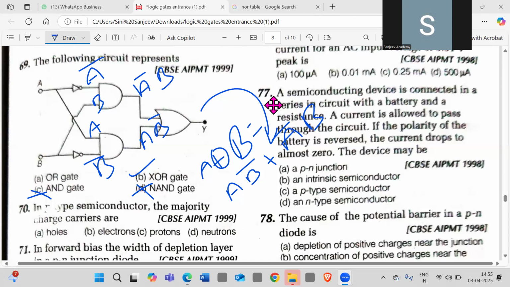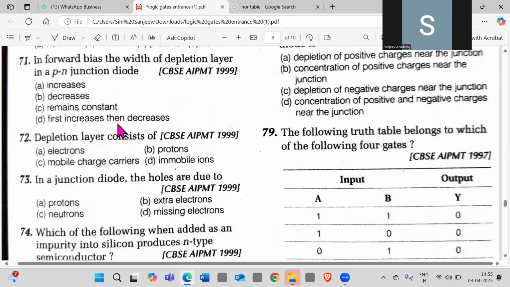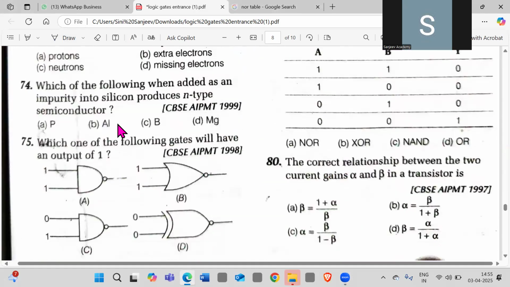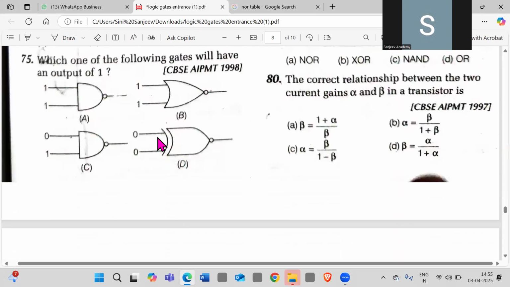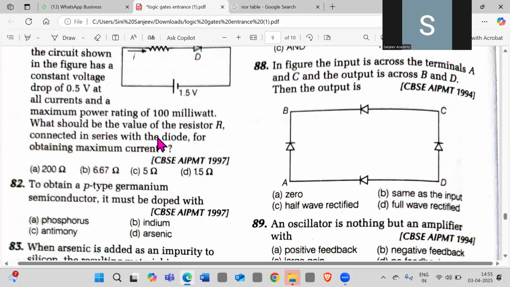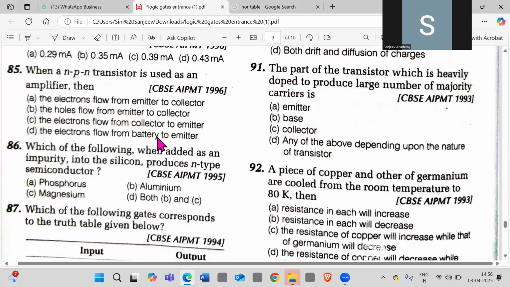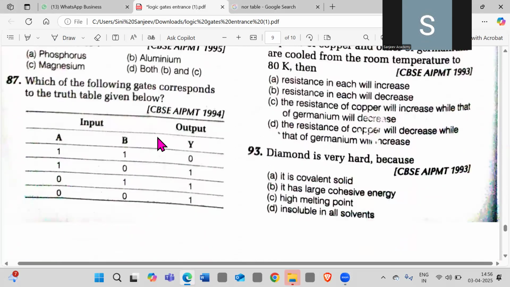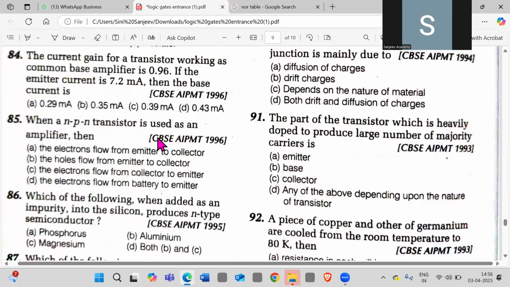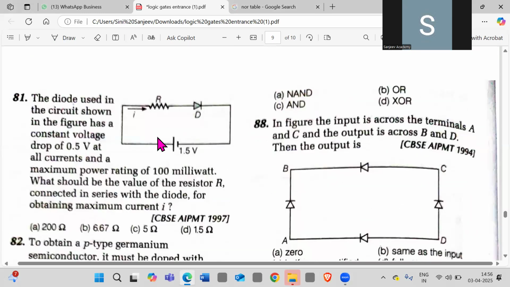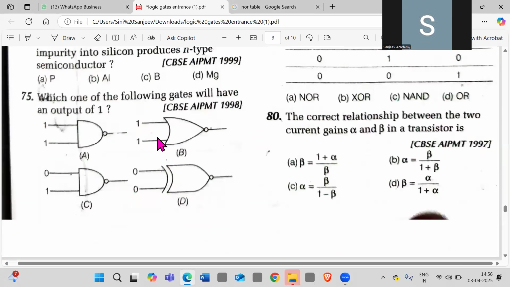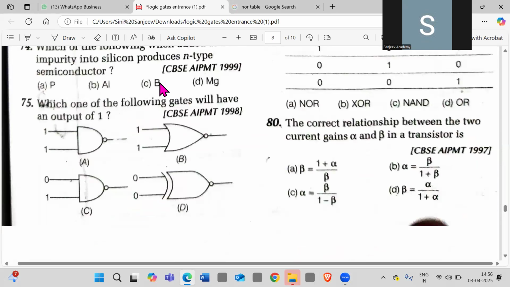I think one more question, I think it's there. Let me check. These questions are too easy. 87th question. Truth table. No, that is also kind of same only. Easy question. Okay. 75th question we'll do.